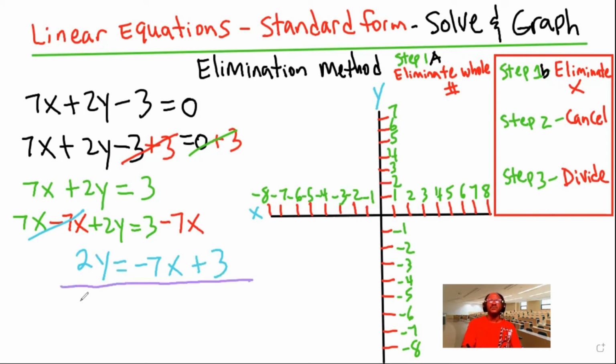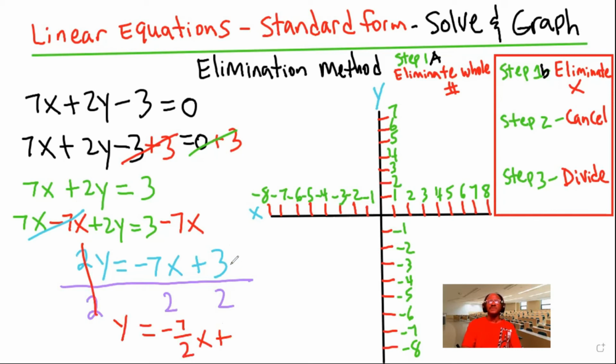So we're going to divide by the same number we see here, the 2. We have a 2 here and a 2 there, and obviously the 2's are going to cancel each other out. That makes y equals -7/2 x plus 3/2.